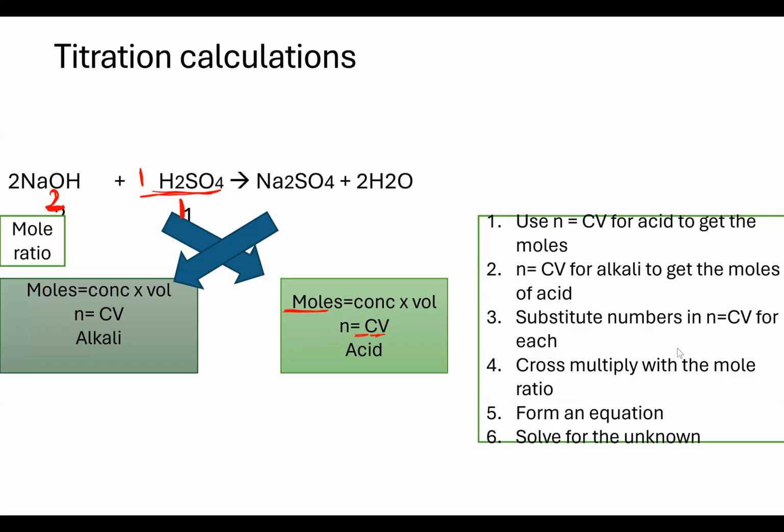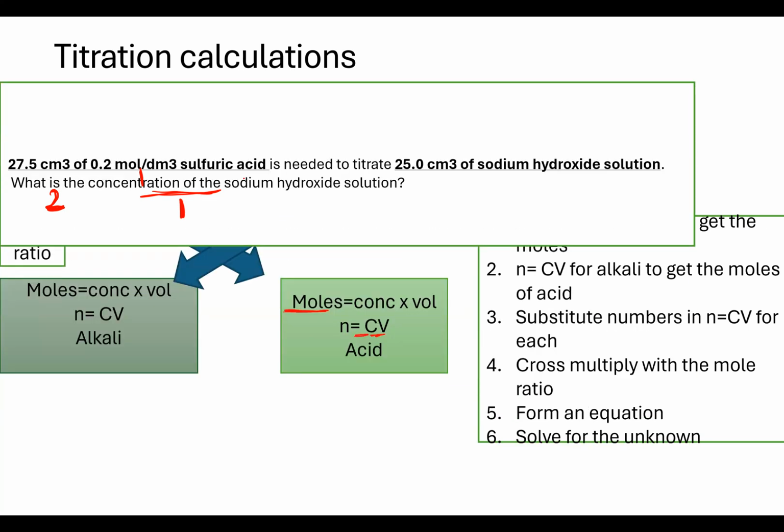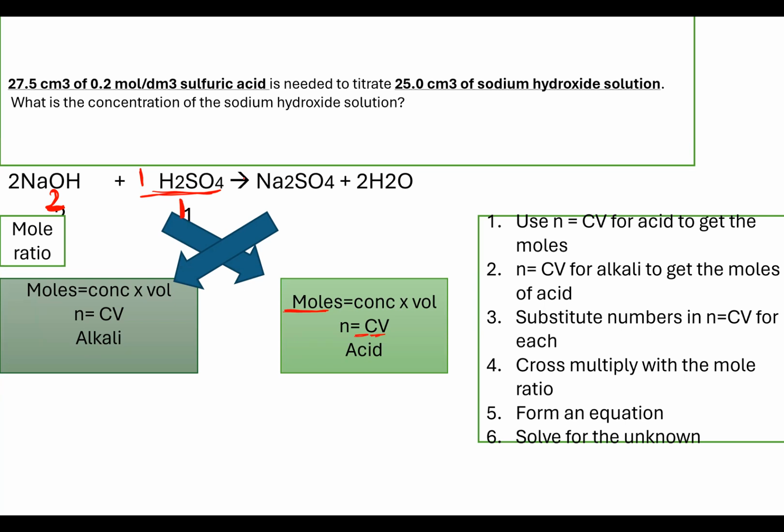So for example, for sodium hydroxide over here, the moles are CV, and for sulfuric acid, the moles are also CV. Now, here's an example. You have 27.5 cubic centimeters of 0.2 mole per decimeter cubed of sulfuric acid is needed, which is basically this reagent, which is H2SO4.